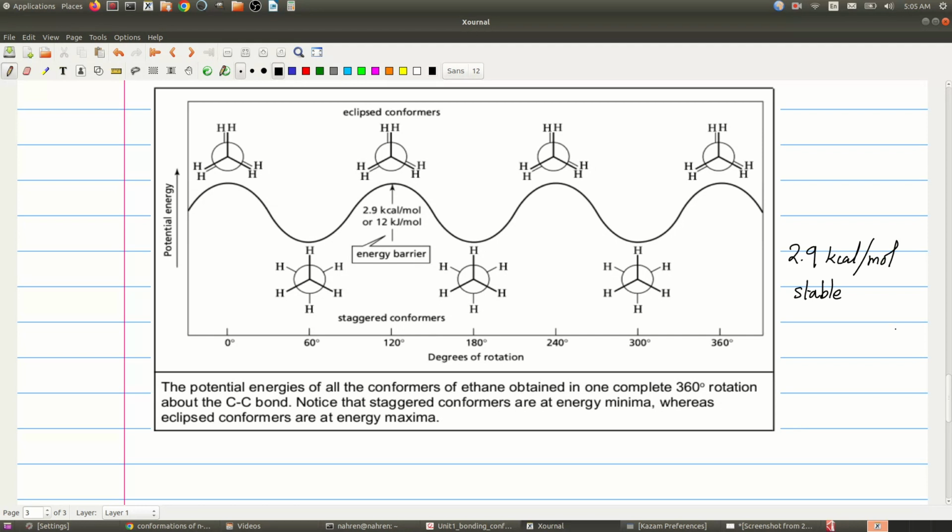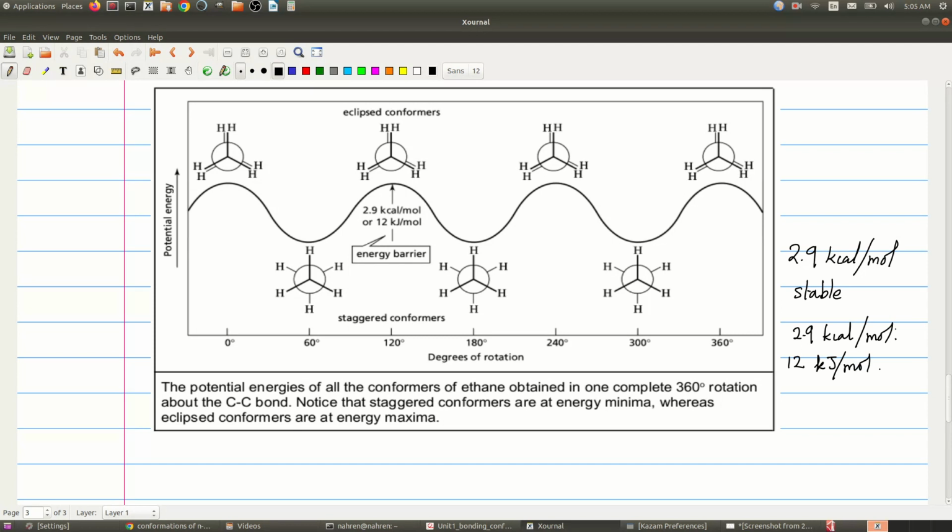That is, the staggered conformation is lower in energy by 2.9 kilocalories per mole, and in terms of kilojoules it will be kilojoules per mole, and hence we can see why staggered conformations are more stable than eclipsed ones.